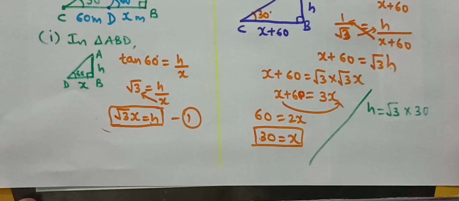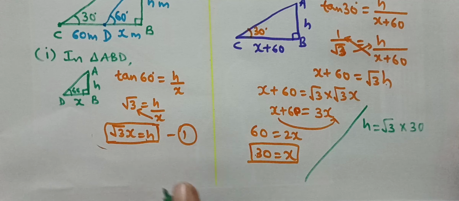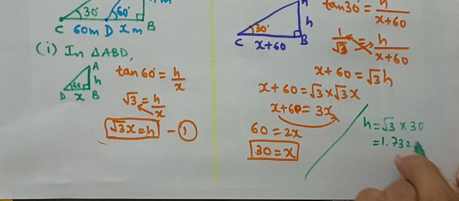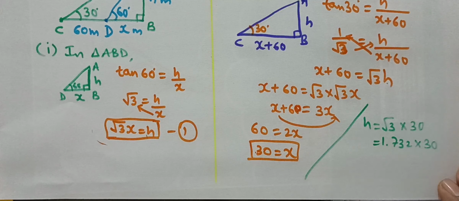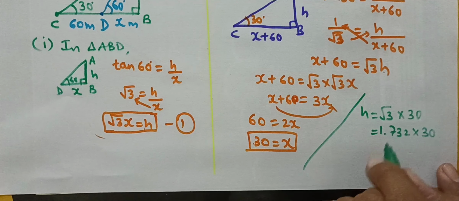Now for getting the correct answer, we have to put the value of root 3, because the question is give your answer correct to nearest meter. Nearest meter, so we can simply put 1.73 also, or for accurate measurement you can put 1.732. 1.732 into 30. Then after do simple multiplication.